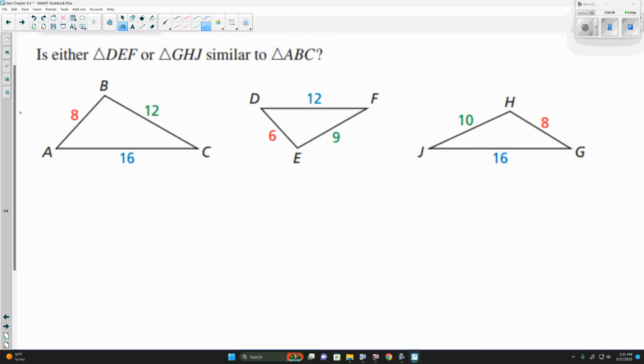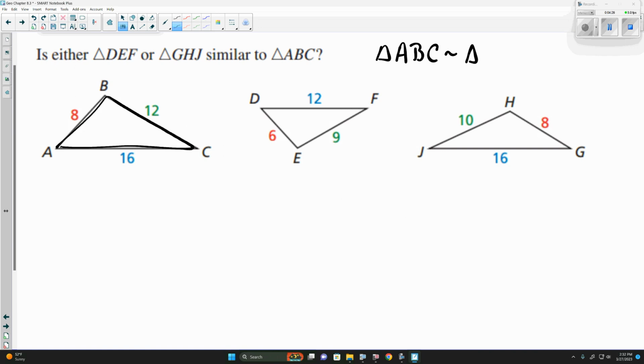Now, here we're trying to determine if DEF or GHJ is similar to ABC. So part of our similarity statement is going to be triangle ABC is similar to another triangle. So we're comparing these all back to ABC.